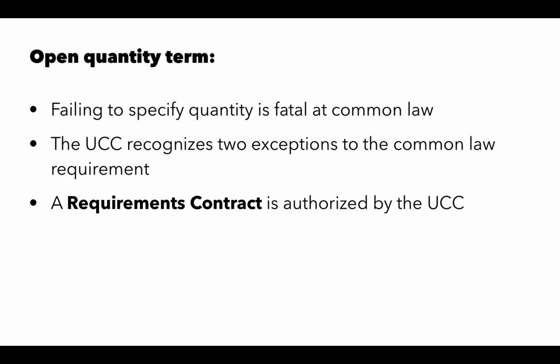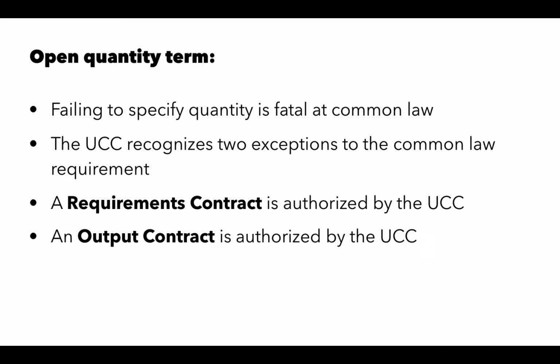A requirements contract is an agreement by which the buyer agrees to purchase and the seller agrees to sell all or up to a stated amount of what the buyer needs or requires. So we don't have to specify a quantity term. We can specify a provision that says the seller will sell as much of a product as a buyer requires.